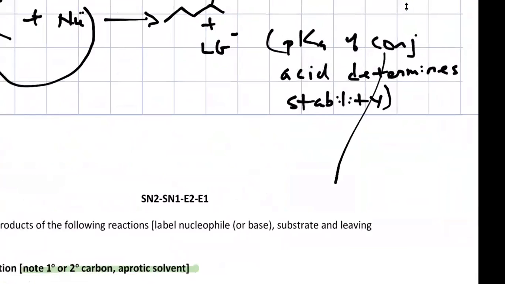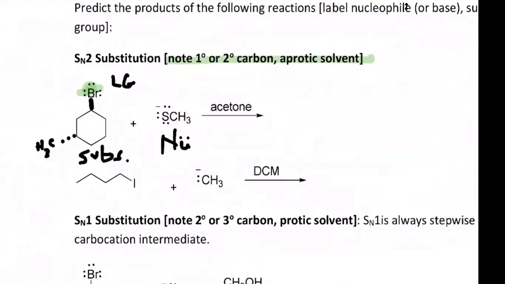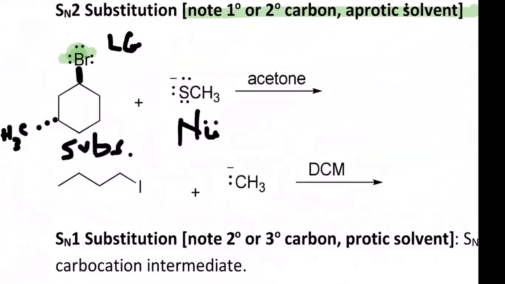But let's go back to here. This is something that we kind of hinted at when we were doing that alcohol conversion, because all of those alcohol to alkyl halide conversions were substitutions, right? So if I have my nucleophile and my substrate, the leaving group is normally going to be the most electronegative atom or some other functional group that's able to be stabilized by either resonance or induction or something like that.